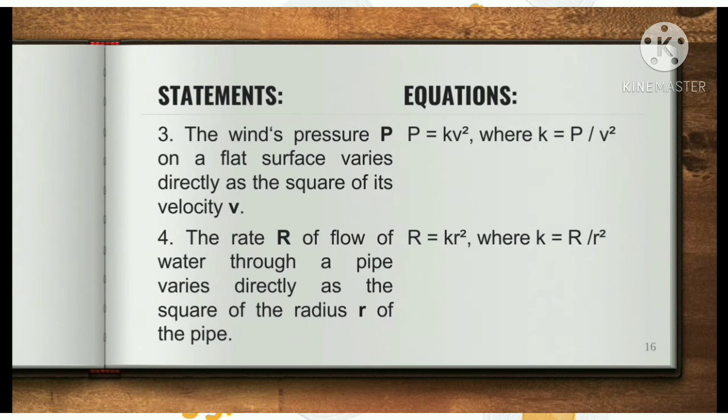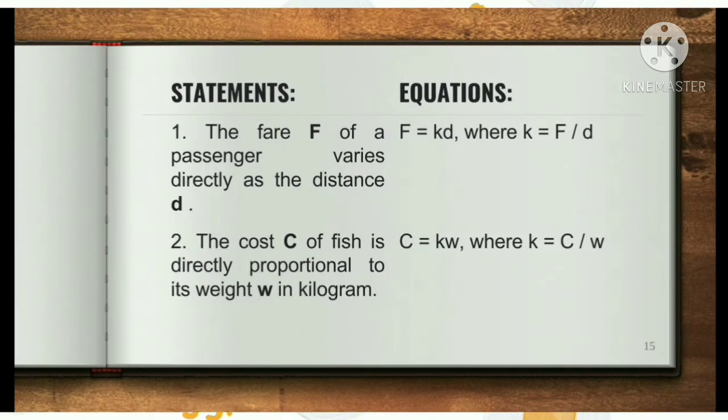We multiplied it by k, and then the rate is isolated at the left side of the equation, where k can be solved using the formula k equals R over r squared. So these are a few of the examples in translating statements into equations of variation.